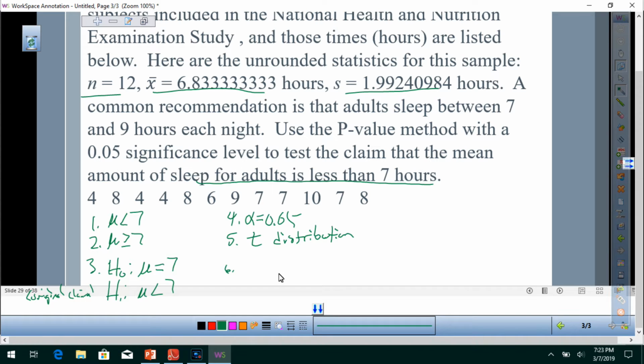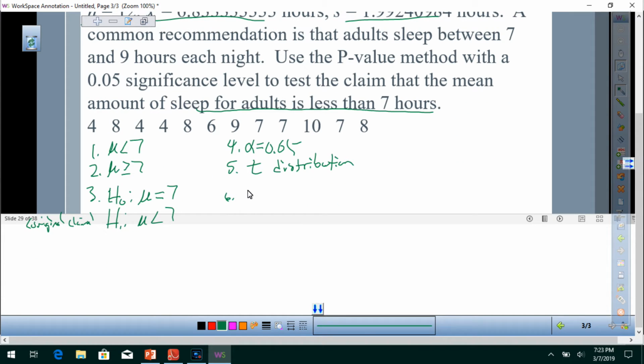And we know we're going to use the t distribution. So t equals x bar minus mu sub x bar over s divided by the square root of n. Now, if we're going to do the p-value, we don't actually have to solve this just yet. Let me show you. Let's do the p-value test.